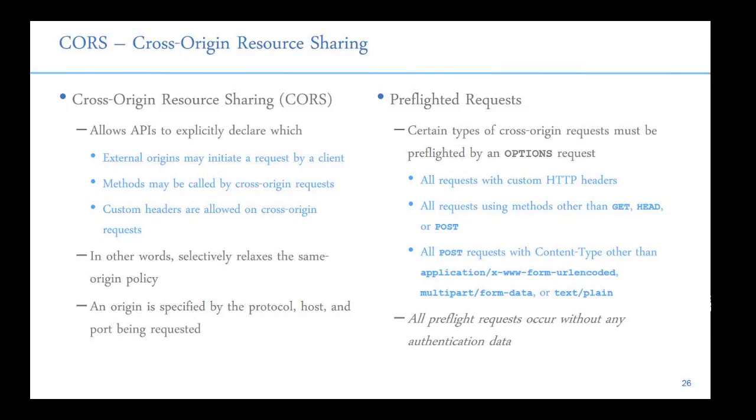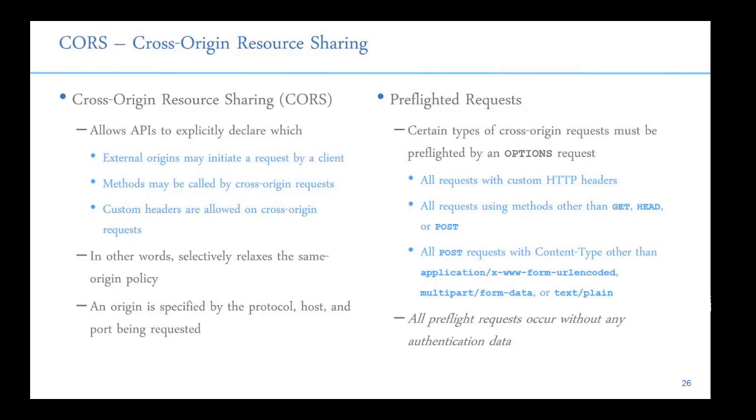Any request with a custom HTTP header will invoke a pre-flight request. Any request that uses methods other than get, head, or post, or finally, any post request that has a non-standard content type, so specifically one that's not URL encoded form, multi-part form data, or plain text.